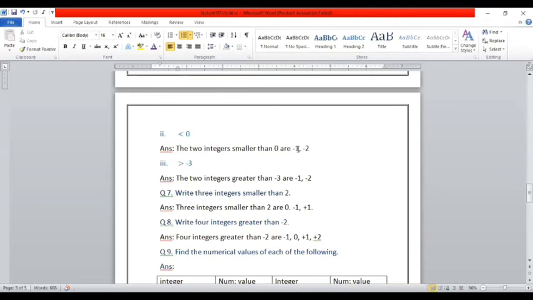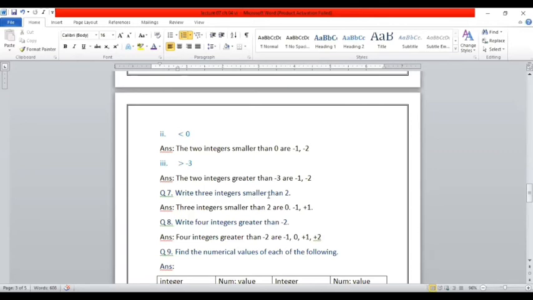Smaller than 0 means minus 1, comma, minus 2, because plus 1 and plus 2 are on the right side, but we have to consider the numbers on the left side, and on the left side are the smaller numbers, because they descend. Here, greater than minus 3, the numbers are minus 1, comma, minus 2. Two possible values we have to give, not all the values which are greater than minus 3, but only two values.